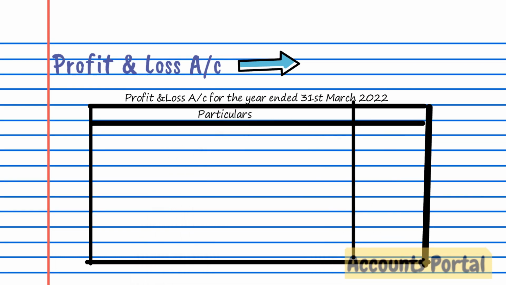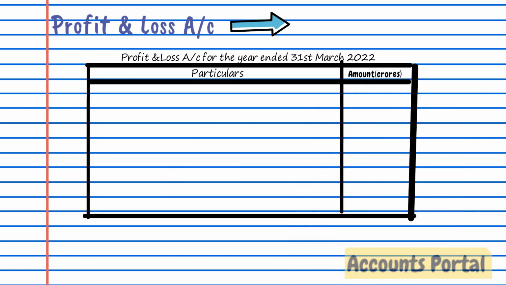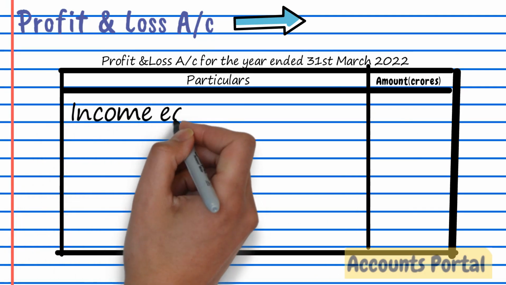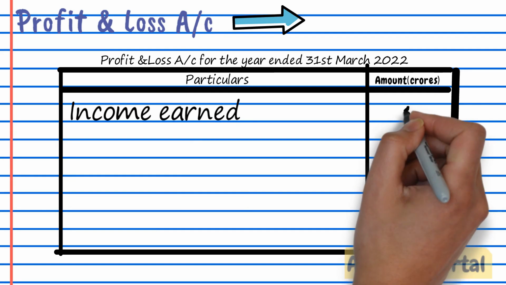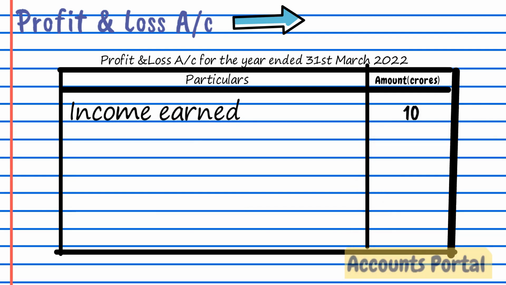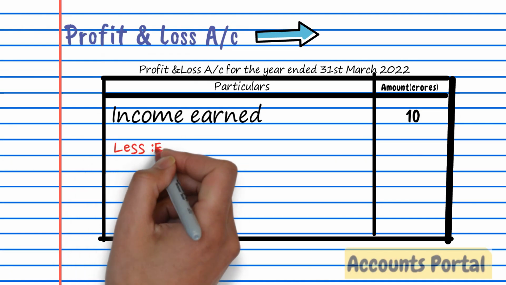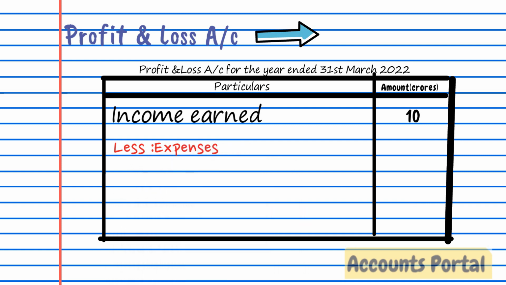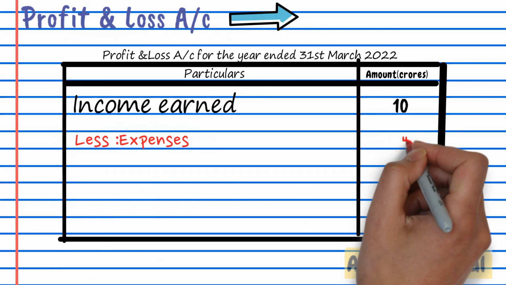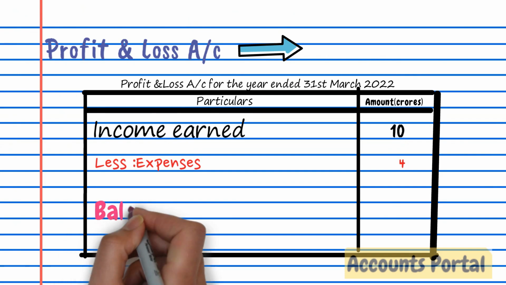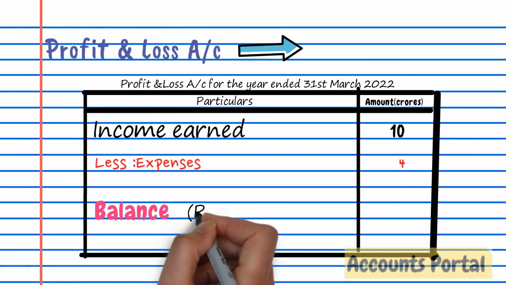Particulars, amount in rupees. Assume my income is 10 crores and my expenses are 4 crores. I made a total profit of rupees 6 crores.